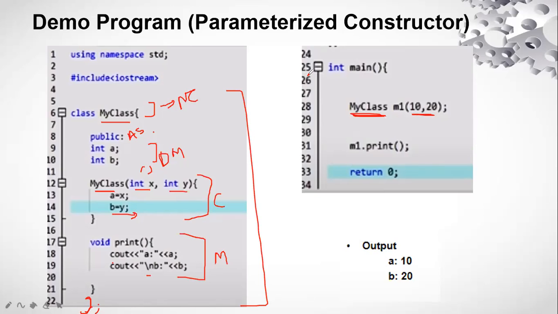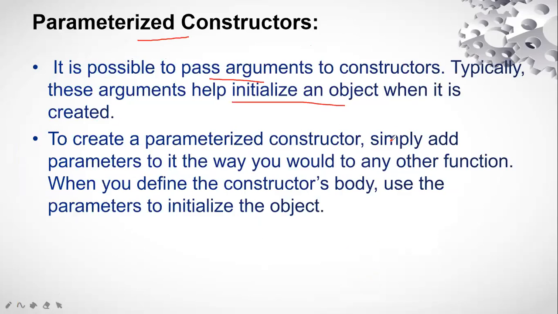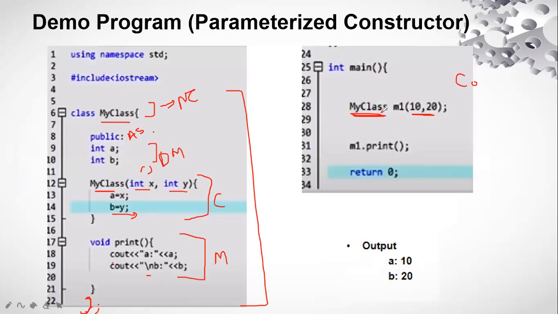In the earlier section where I had the default constructor, I defined constructor C, with no parameters. But here I'm going to define MyClass M1, the instance of the class, that is the object M1, with parameters 10 comma 20, and this is the semicolon.